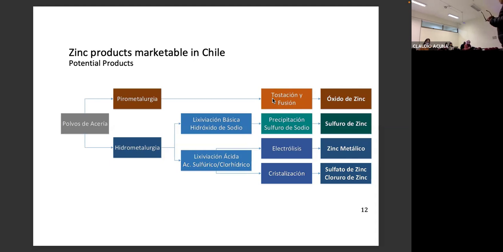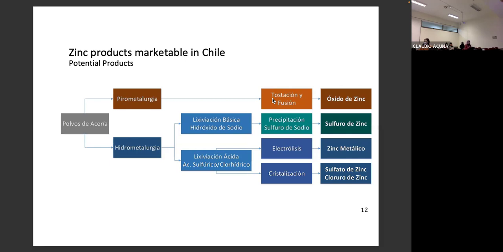Whatever treatment you do, reducing the mass, let's say you have a process which is 50% efficient, you already know that you're reducing 50% of the mass. So you don't need to have a 95% efficient process. You need to consider all the variables, economic and environmental. If you just want to stabilize and remove lead and cadmium, it's also an alternative. Perhaps you can just remove cadmium and then you change the toxicity level of the residue.